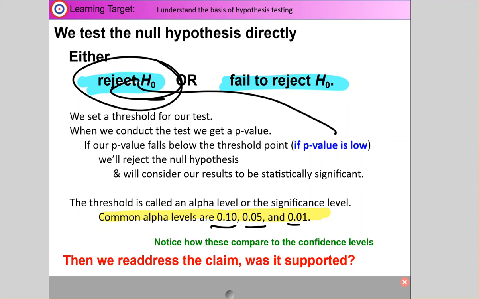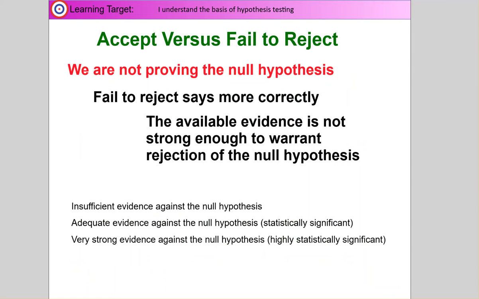And as we start practicing this, when we're running actual hypothesis tests next class, you'll see more in context what I mean. The big thing from today I want you to take away is that we are not accepting anything. So if you turn to page 140 of your workbook, there's notes on this.